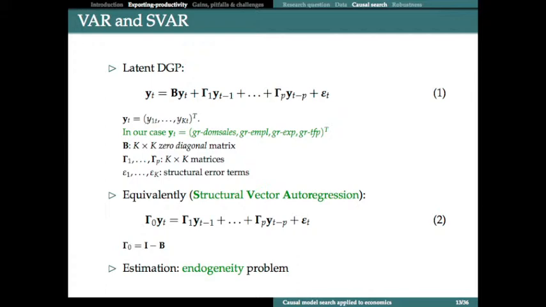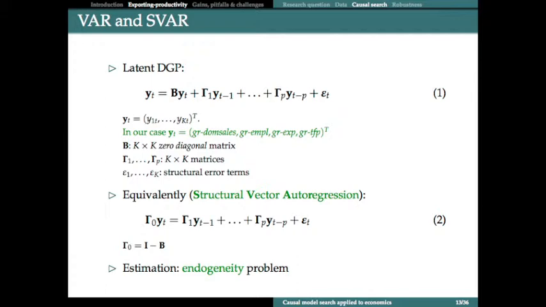We have here the contemporaneous causal relationship. In our case, the vector of our variables is growth in domestic sales, growth in employment, growth in exports, and growth in total factor productivity. I'm going quite fast because I think we already learned what a VAR is. Equation 1 and equation 2 are equivalent.